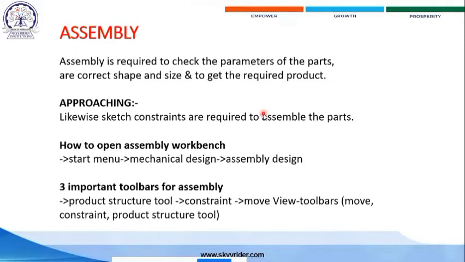The assembly is required to check the parameters of the parts and correct the shape and size of the profile, and then we are getting our required product. That means assembly is a product where more than one part is made together in an appropriate manner.